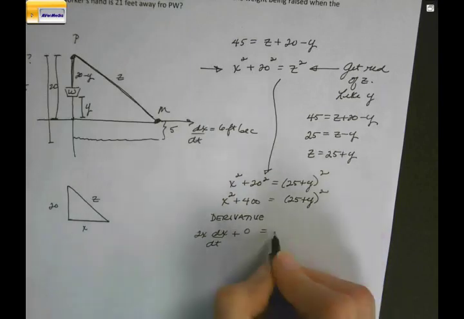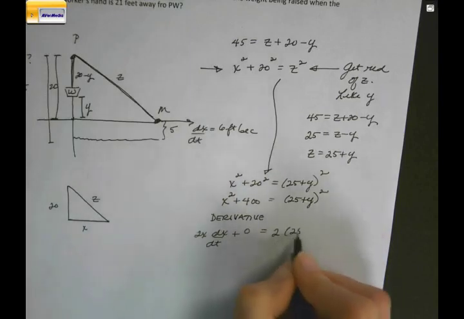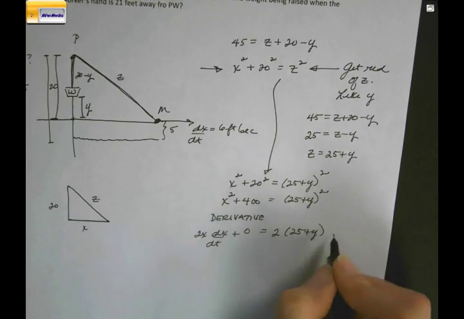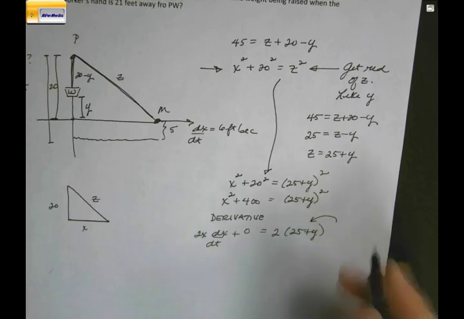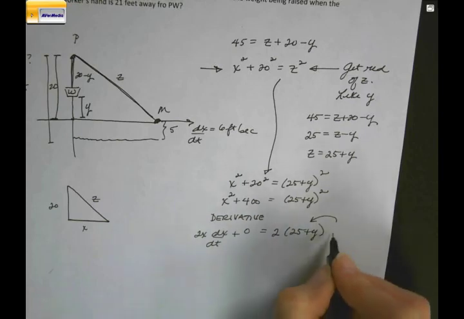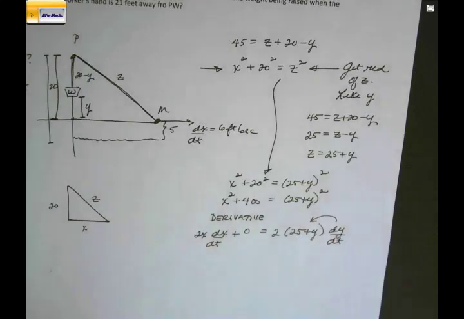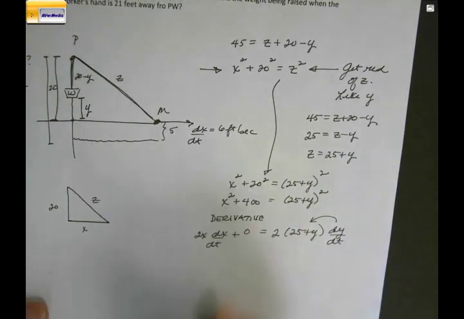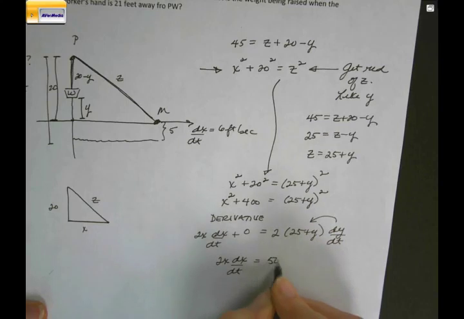And then over here we're going to use the chain rule. 2 times (25 plus y) to the first power, and then the chain rule says take the derivative of that polynomial, and the derivative of y is 1 dy/dt. So we get 2x dx/dt equaling, I'm going to distribute the 2, 50 plus 2y dy/dt.